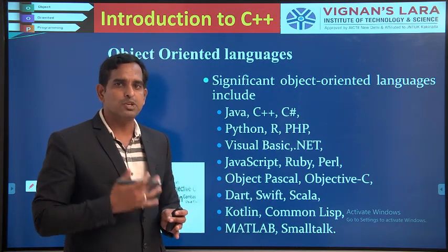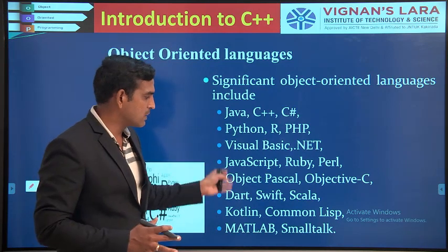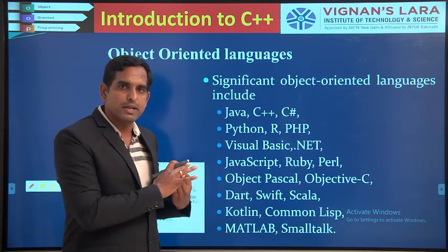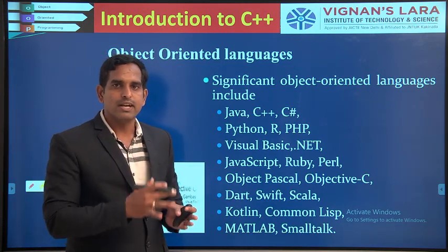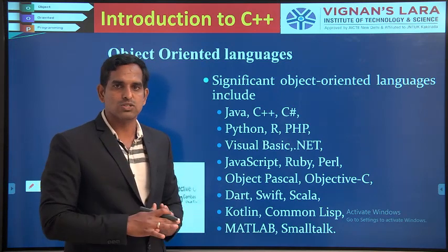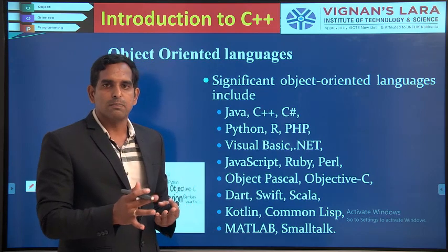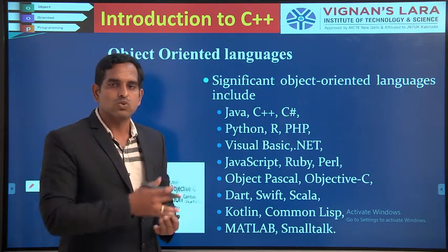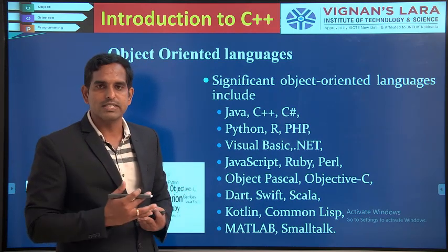Like this, you have numerous object-oriented programming languages. Some of these are purely object-oriented, where you will not see anything other than objects; whatever code you write, you have to write in classes and objects only. But in C++, we combine both procedural and object-oriented styles. That is, whatever you have written in C can be written in C++ quite easily.